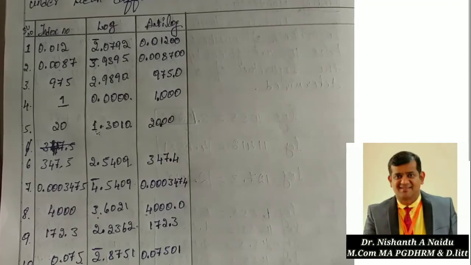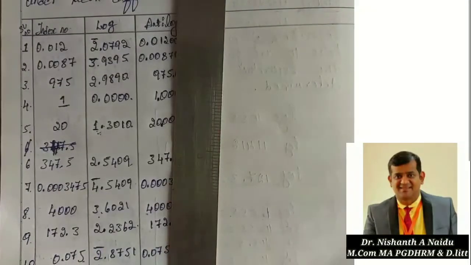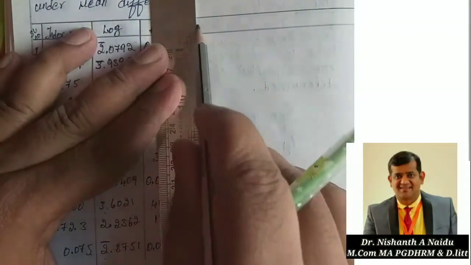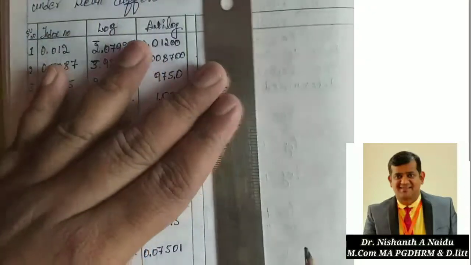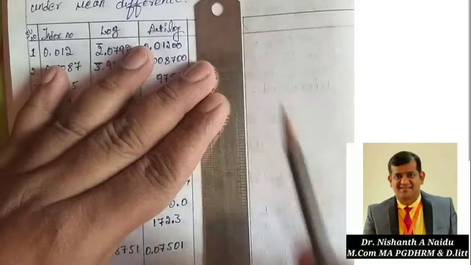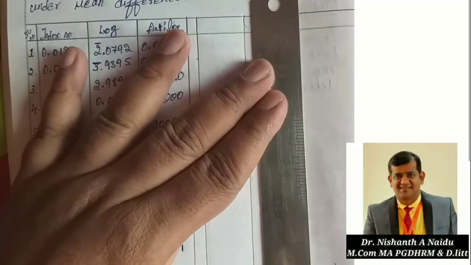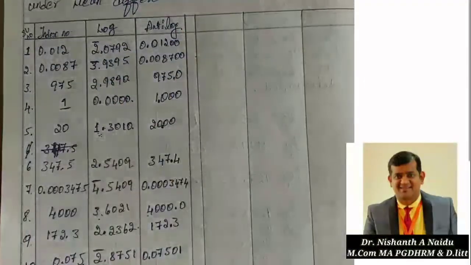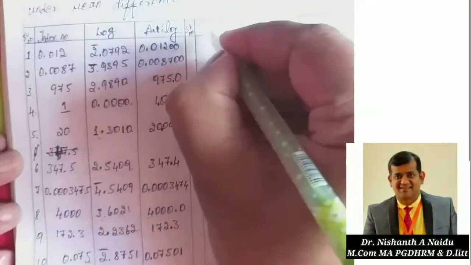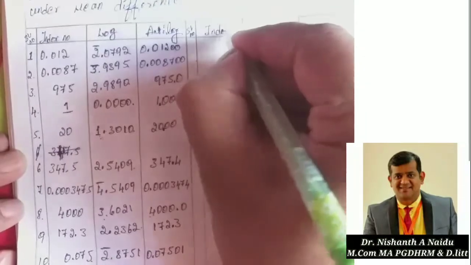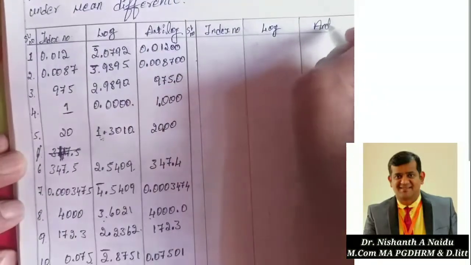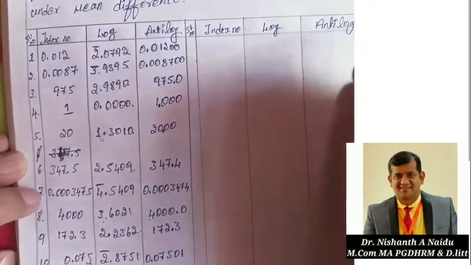Let you take this down. Again I'll put a column. Homework part, because if you understand this, then only you can solve the problem, otherwise you cannot. So learn to identify log value and anti-log value. In the same columns, serial number, index number, log value you have to identify, anti-log you have to identify.